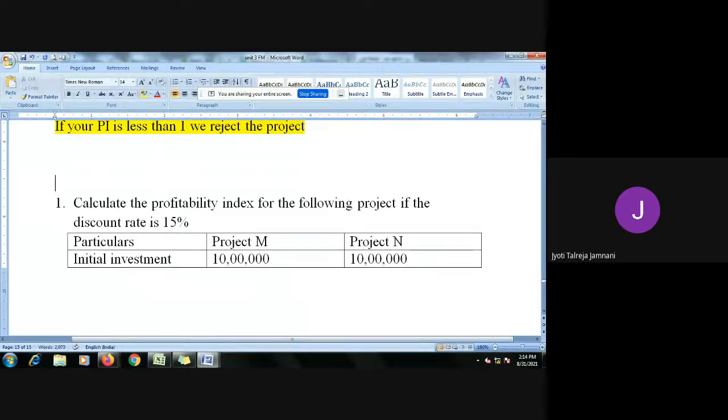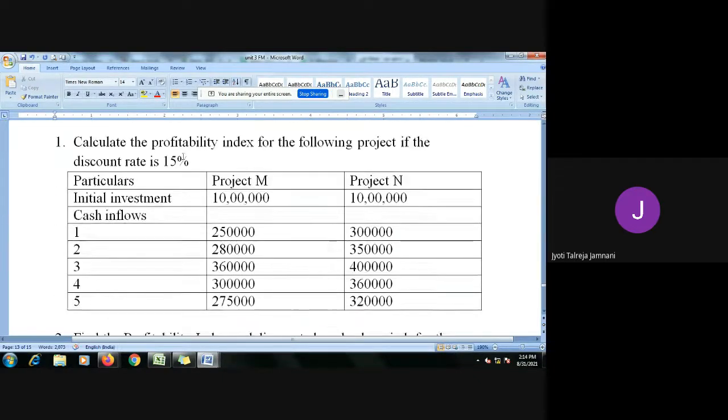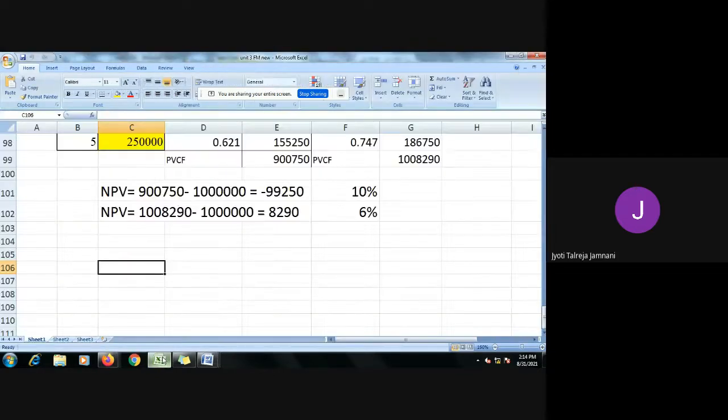They've asked you to calculate the profitability index for the following projects if the discount rate is 15%. So using 15% as discount rate, we will first find the present value of cash inflows and then divide it by the initial investment to get the profitability index. So let us do it in the Excel sheet.